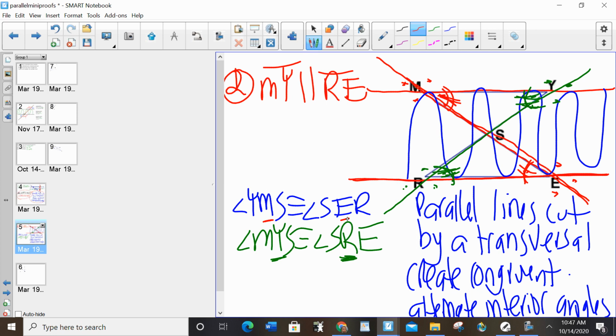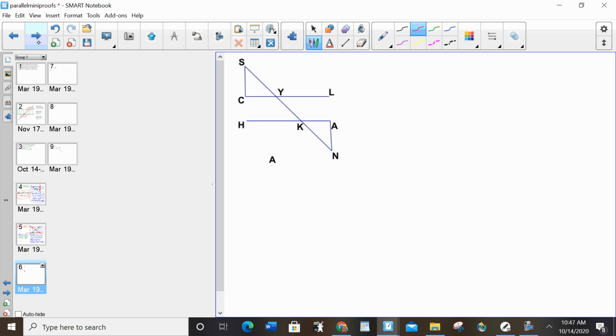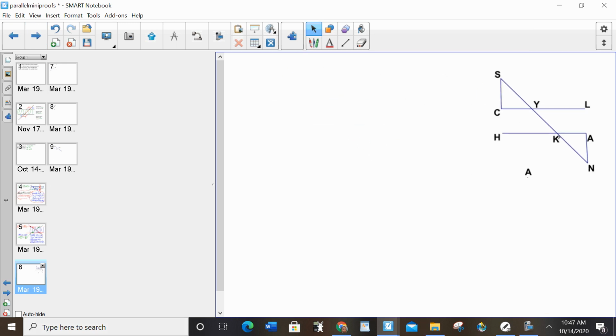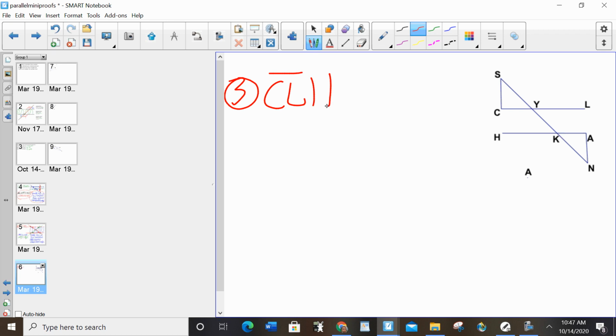We're just going to go through one more, and then you'll have an opportunity to practice. Number 3, I gave you that CL was parallel. Whoops, that's not the parallel symbol, that's an H. I gave you that CL was parallel to HA.